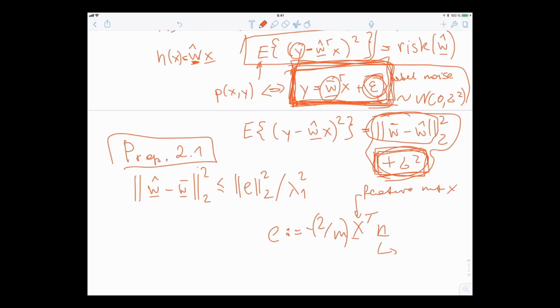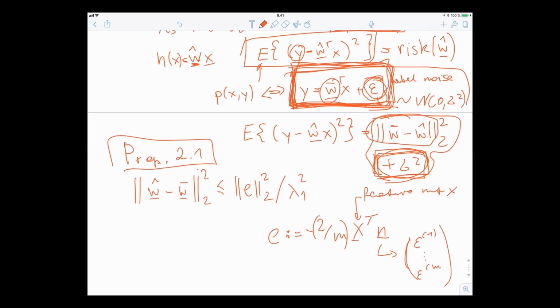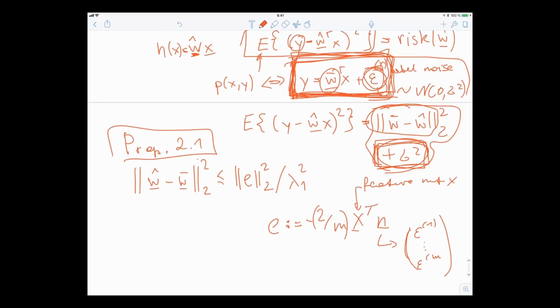And this vector here is the stacked vector, obtained from stacking all the noise terms from the training set into one vector. So we get one such noise term for each data point, for the rth data point. The true label of the rth data point is the true underlying weight vector times the feature vector of the rth data point plus the noise of the rth data point.